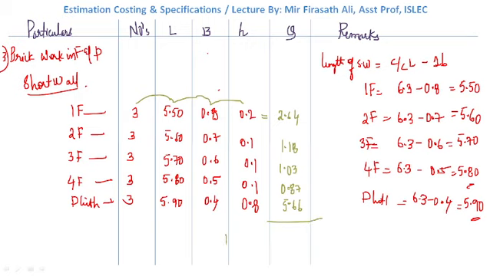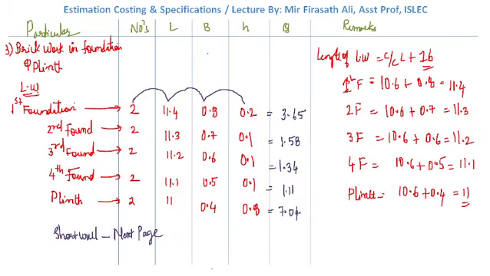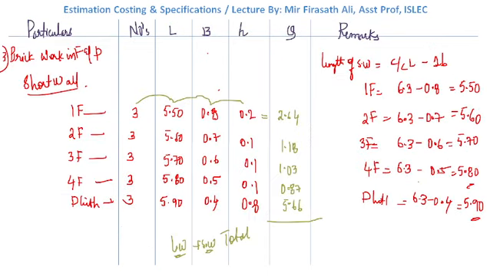If we add all these values, the total is long wall quantity plus short wall quantity. What is the long wall quantity? We have got it over here; this is our long wall quantity. Brickwork in foundation, long wall plus short wall.